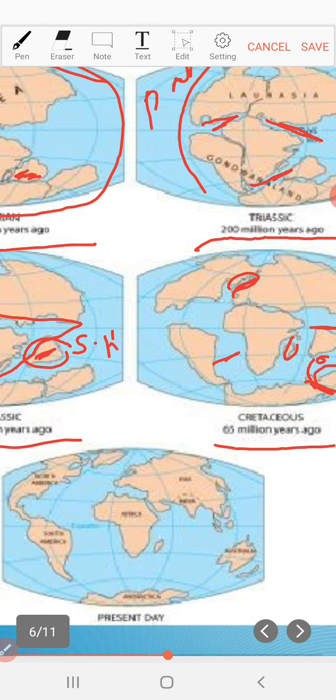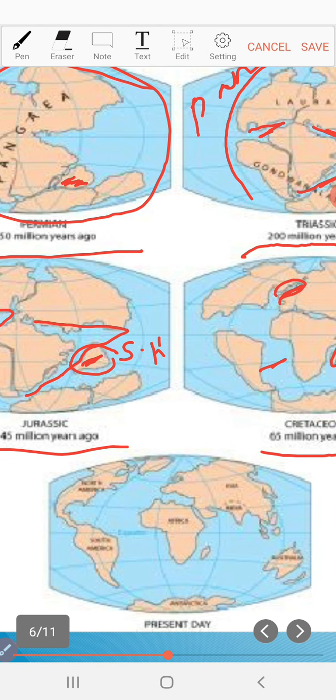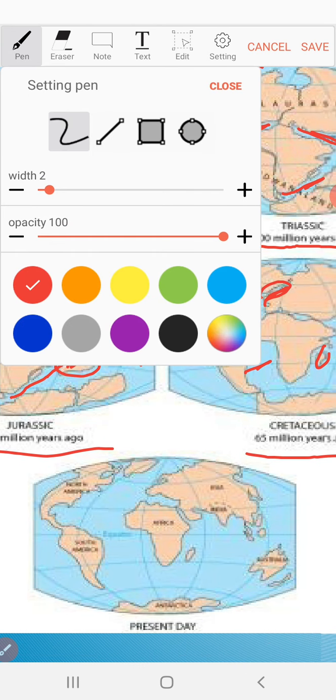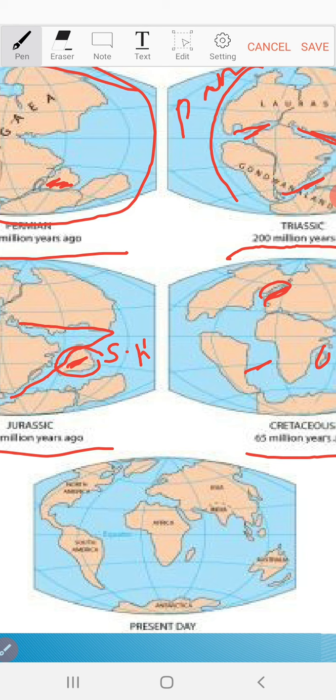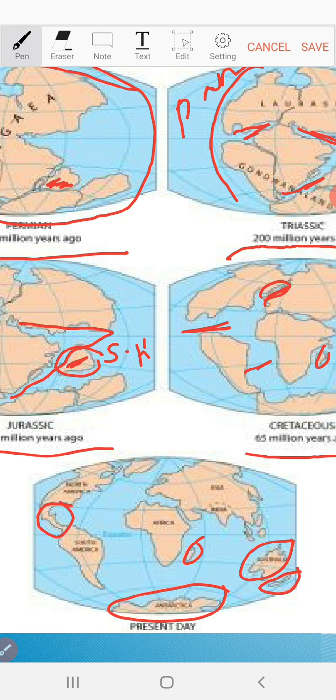Now just look at the present day scenario. Antarctica is over here, we have Australia and a part got detached, New Zealand, this is Madagascar. Earlier you can see both the Americas were separate, but now both the Americas are attached with each other.